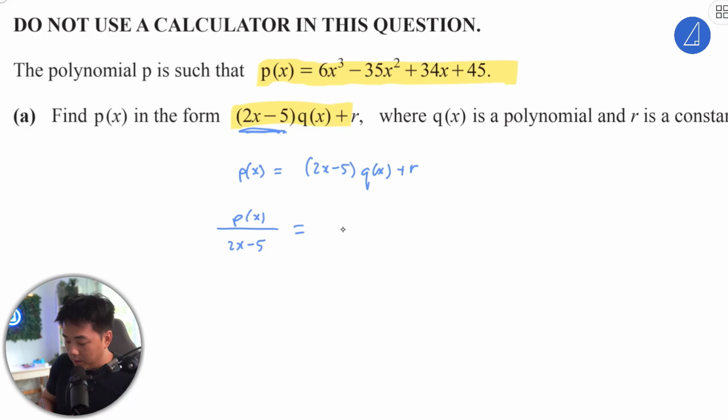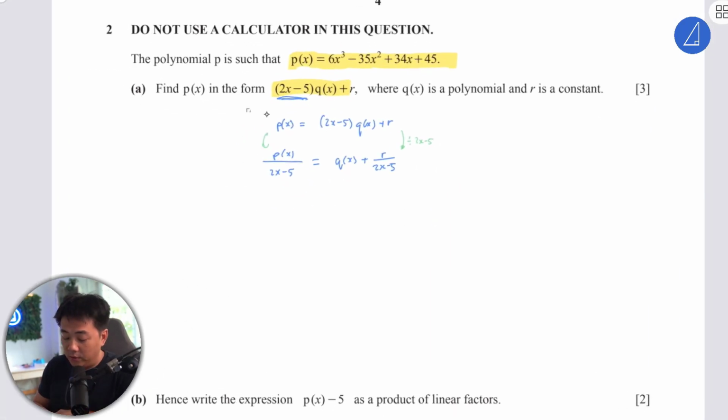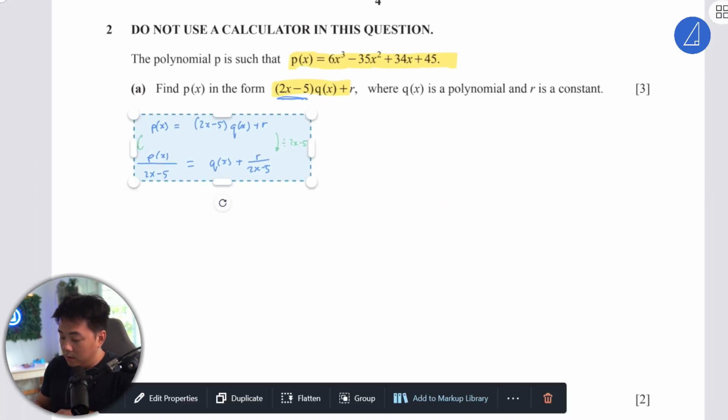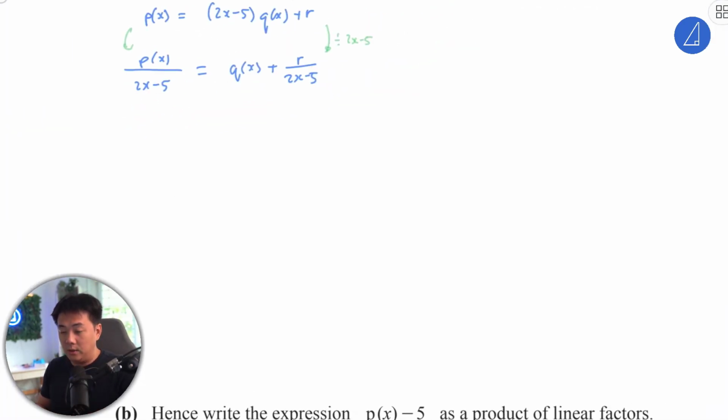This will be q(x) plus r over 2x minus 5. If I divide by 2x minus 5 throughout, I'll get this expression here. In other words, I just need to perform a long division to determine the quotient here. So let's try and do that.